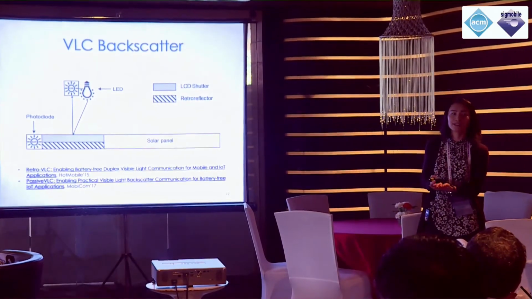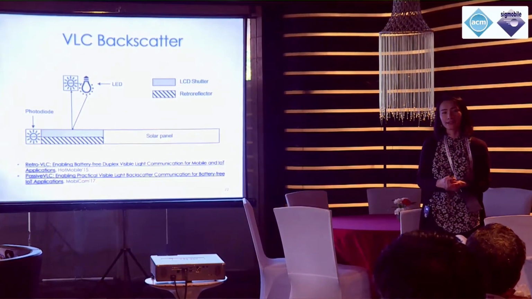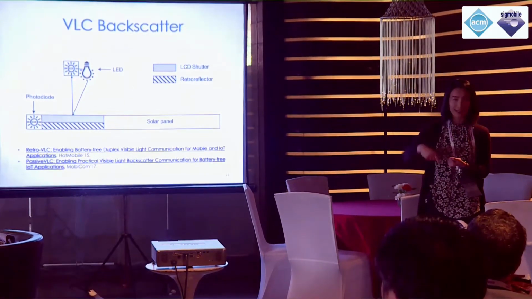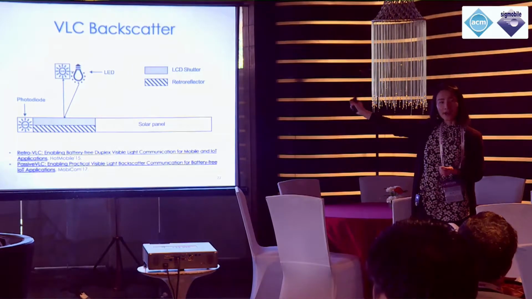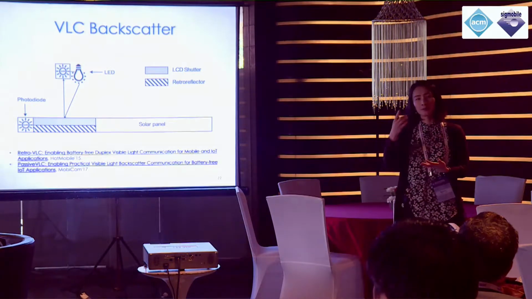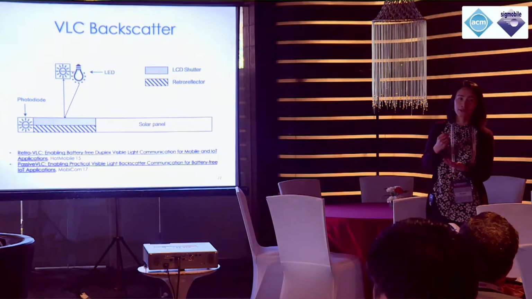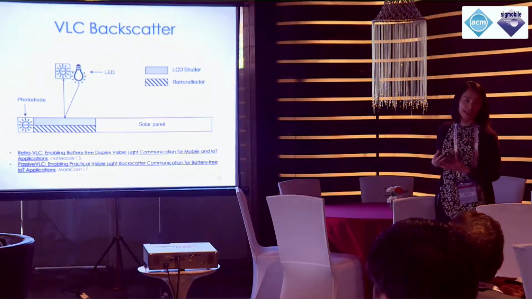The retroreflector is a material capable of reflecting the light, bouncing it back along the same direction as the incident angle. So modulating the LCD shutter determines whether the light will be reflected or not reflected. So you are essentially modulating the reflection property of the LCD shutter to encode data.